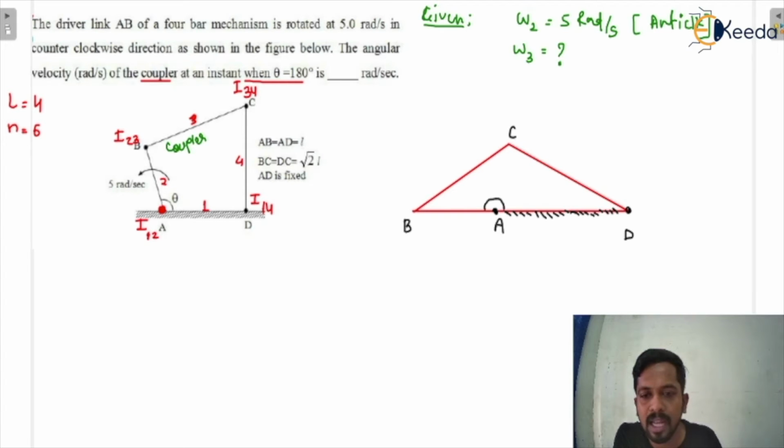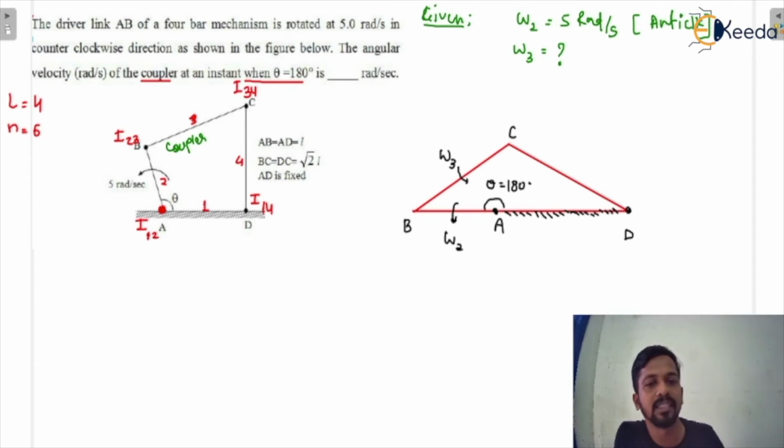Now here theta is 180 degrees. According to the question, we have to put theta equal to 180 degrees, and then find the angular velocity of the coupler. What is the coupler here? This one. The rotation of link 2 is in that direction, that is omega 2, and we have to find omega 3.